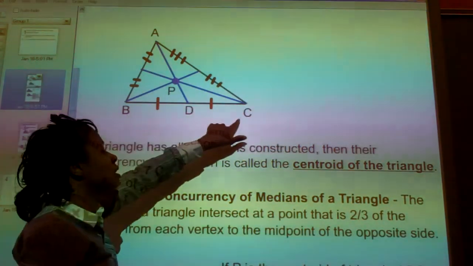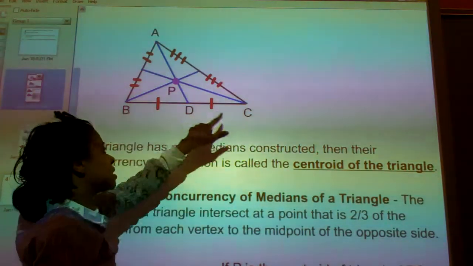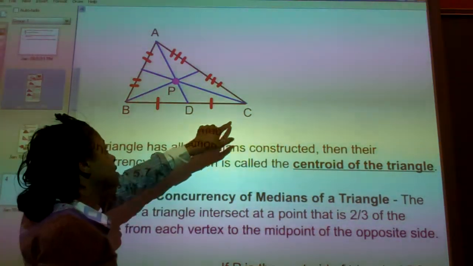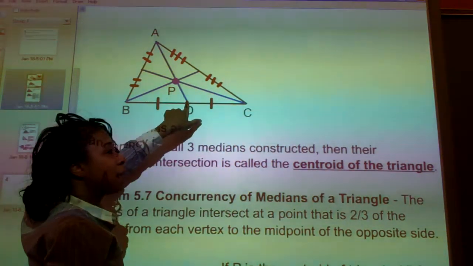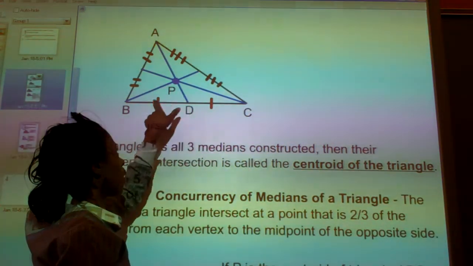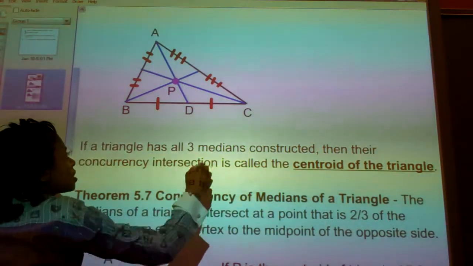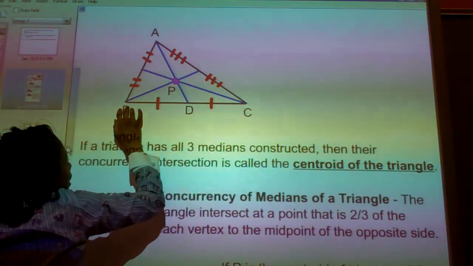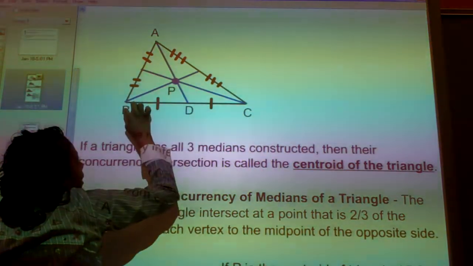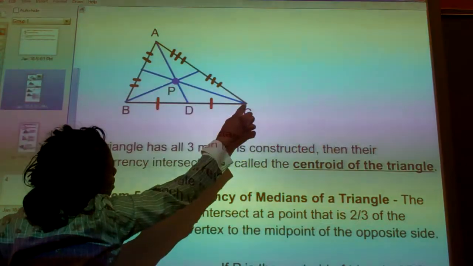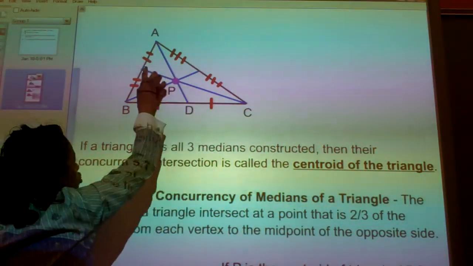The opposite angle of BC is angle A. So I draw it across to the opposite side, which is BC, and I draw it right in the center or midpoint. The same thing with AB. If I want the median, I need to look for line segment AB. The angle opposite is angle C. Here it is, and it's drawn to the midpoint.